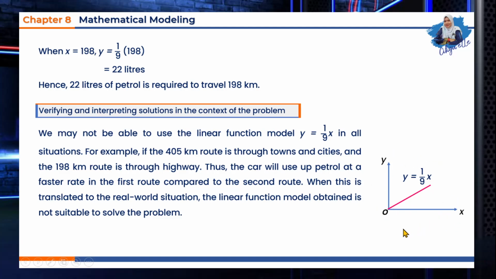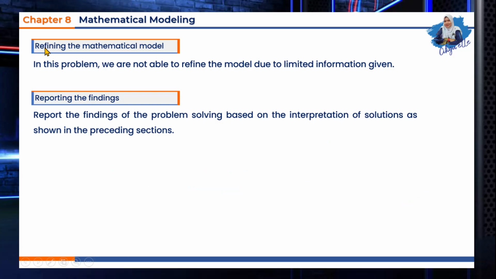The next step is you have to refine the mathematical model. In this problem, you write the refining for the mathematical model that you have created. In this problem, we are not able to refine the model due to limited information given.